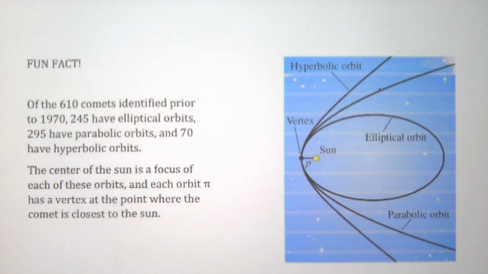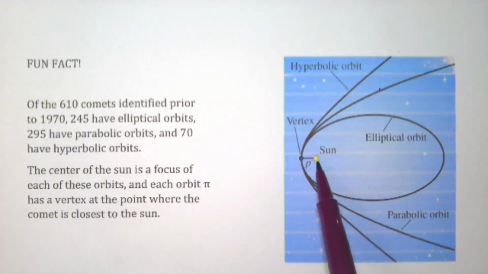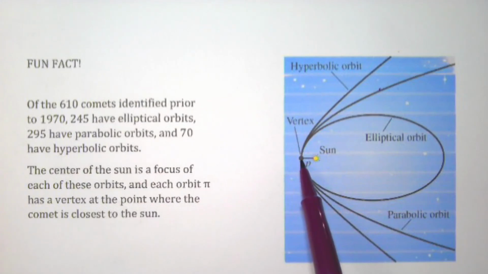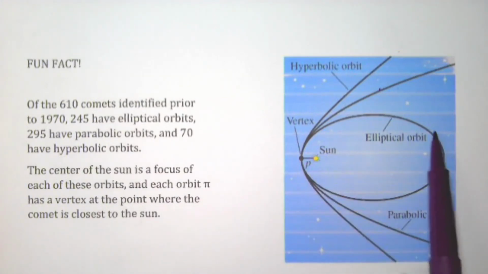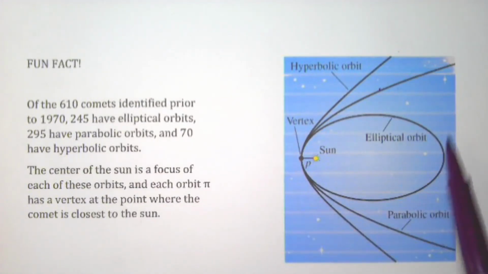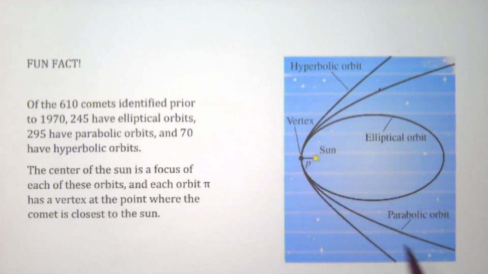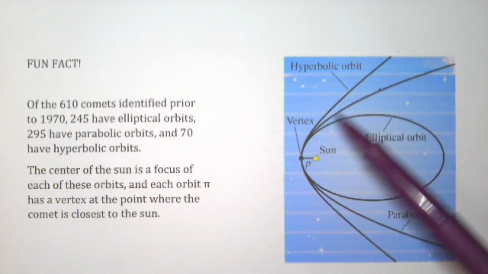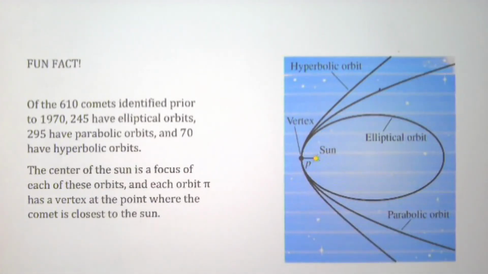So with the sun as a focus, say for our solar system, there's a vertex point off of it, and things either have an elliptical orbit, a parabolic orbit, right? And that just kind of means it's come in and shot back out into space, not to return, or a hyperbolic orbit. And mathematically, we model that through those different sections.